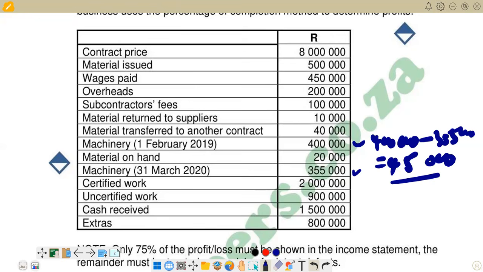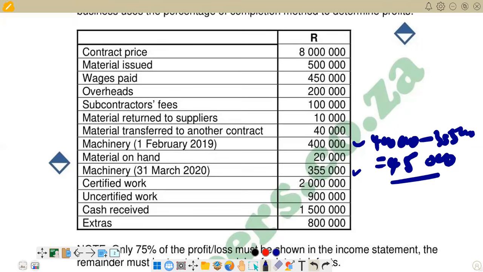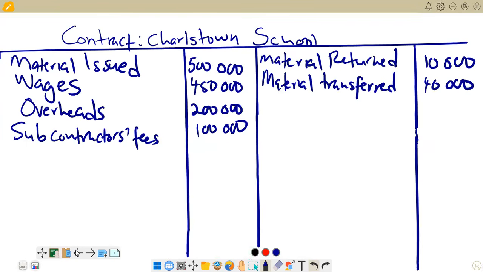So if you come here on our answer section, we are going to input the value of machinery, and we are just going to put the date of that value, which is 01/02/2019.